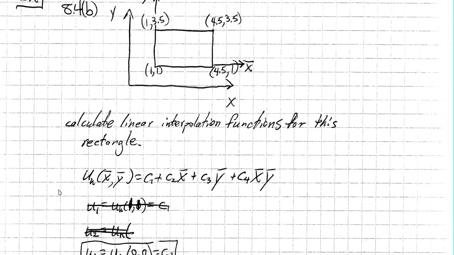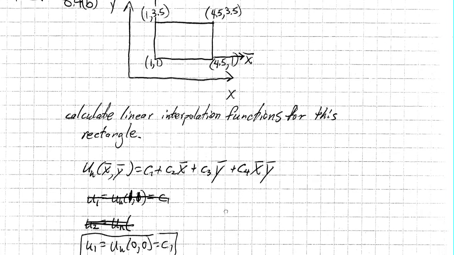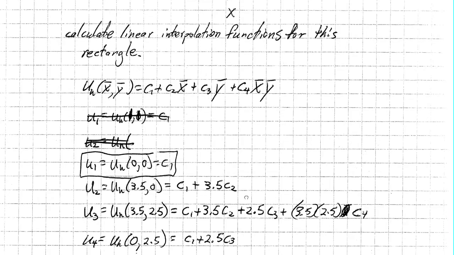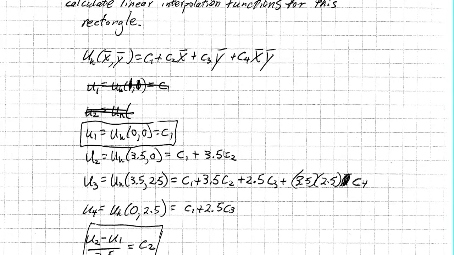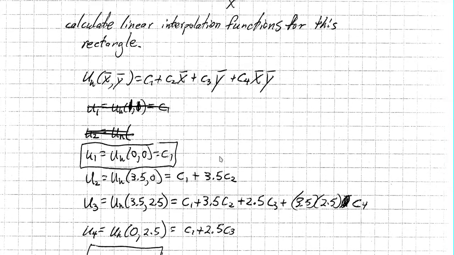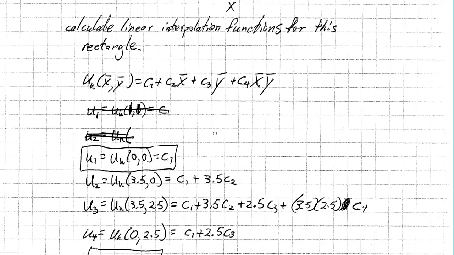Alright, so we talked a little bit about what this displacement approximation should be. Remember, we have to be careful in how we define the rank and order of these polynomials such that you can invert and get a unique set of constants C1 through C4. So remember from last time we said we plug in values for X and Y, or in this case X bar, Y bar.